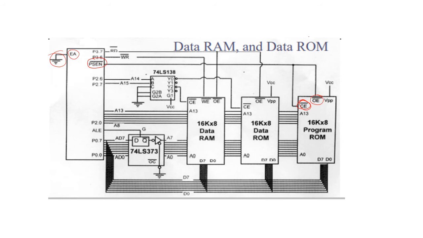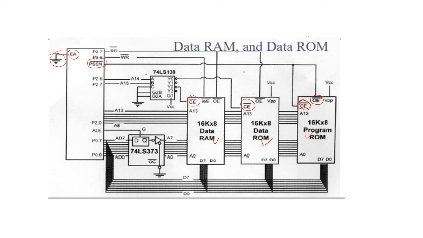Here in this case, since we have multiple memories, such as the data RAM, data ROM, and the program ROM, the chip enable pins are used to switch between the different memories. The chip enable pin will select a particular memory to read or write the data.